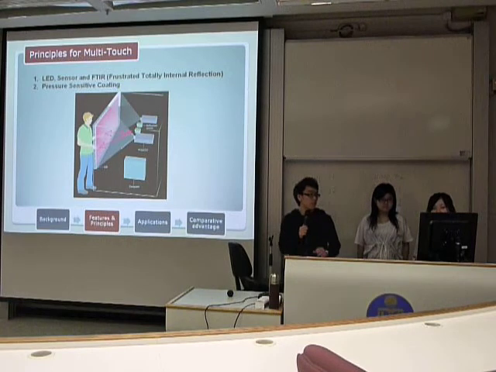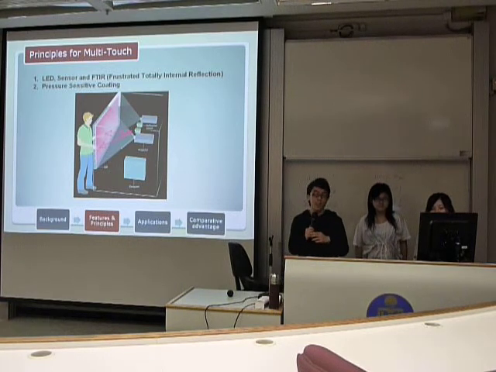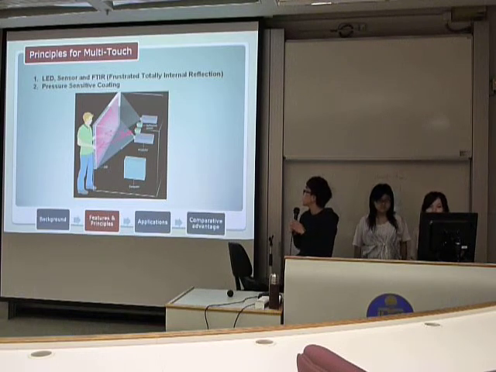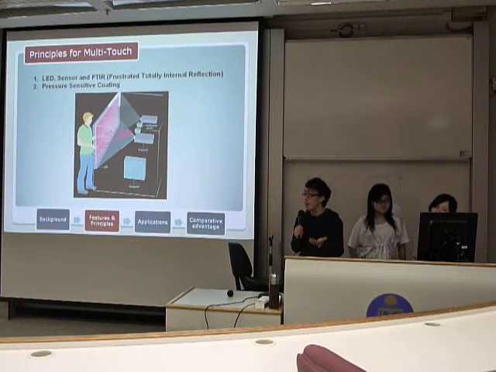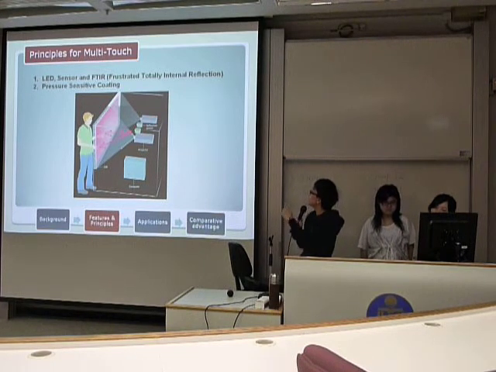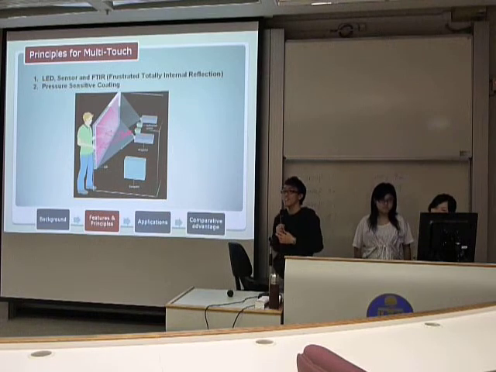To put things together, we will demonstrate an integrated example, which is quite sophisticated. You can see there are two LED sensors which send out infrared light, and the infrared light bounces within the area between the screen and the sensor, so no light can escape from the screen, because of the principle of frustrated total internal reflection, which we're not going to go deep into.